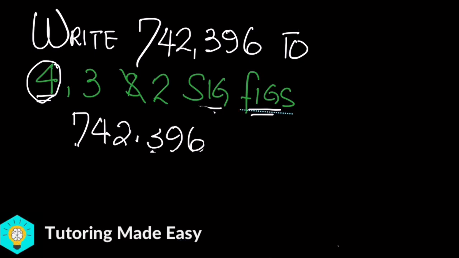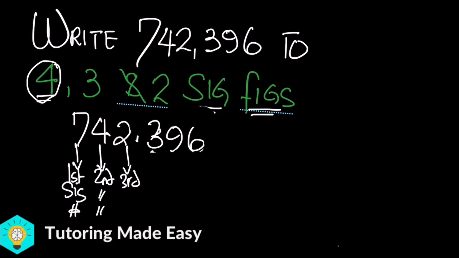So the number again is 742,396, and like we said, this is the first significant number, that's also the second significant number, and this is our third significant number. We have been asked to convert the number to 3 significant figures, so we've identified the third significant number.